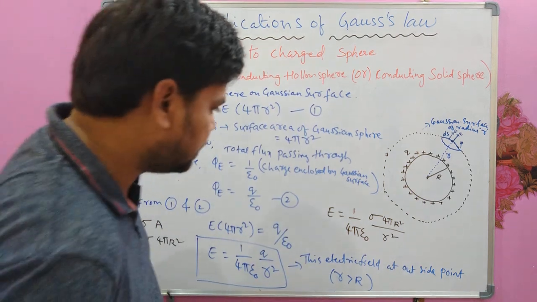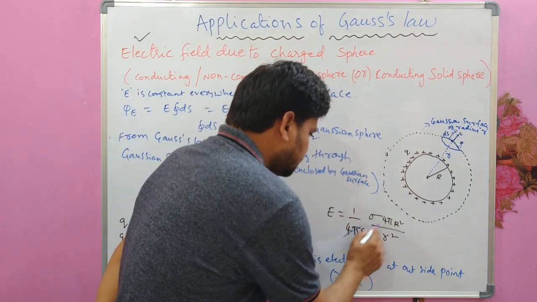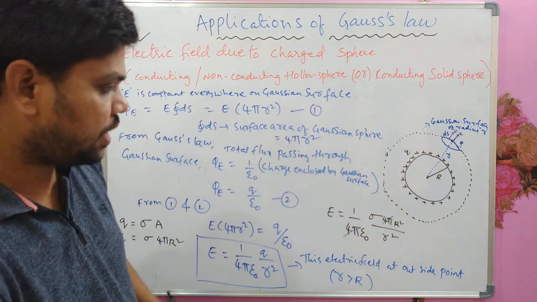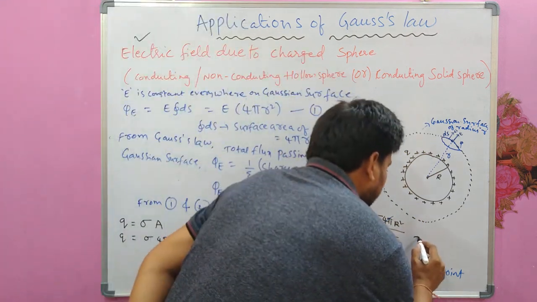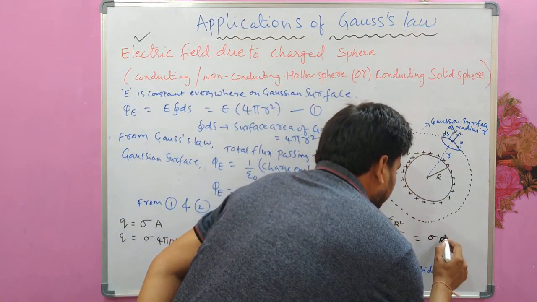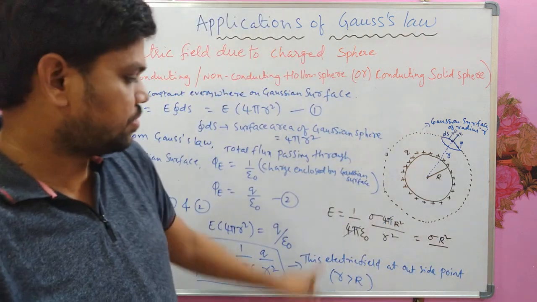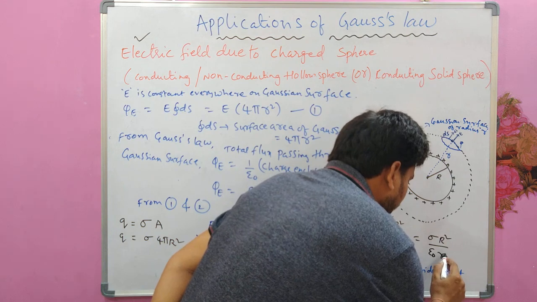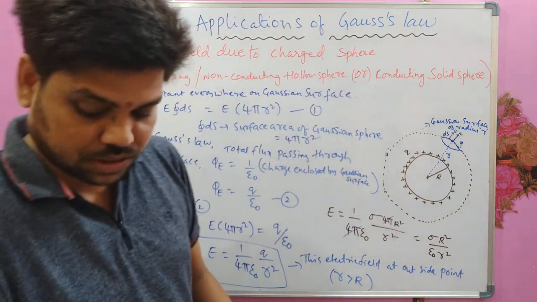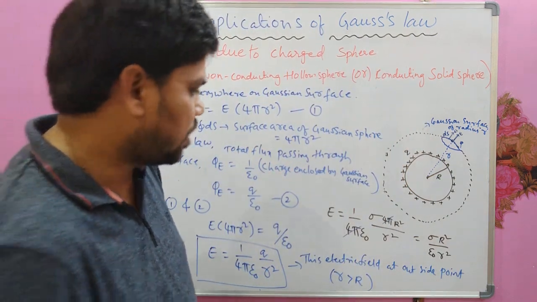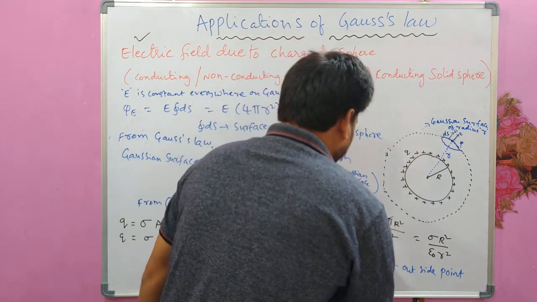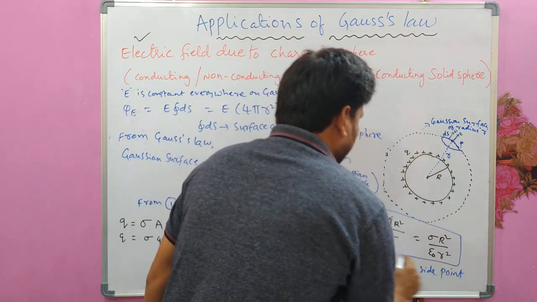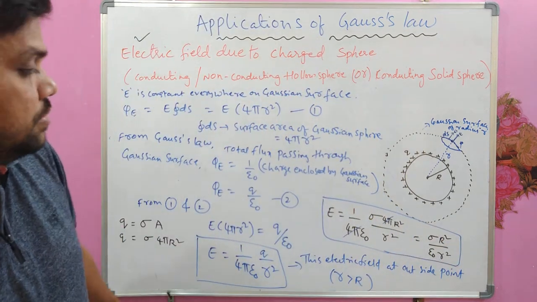The 4 pi cancels with this 4 pi, and we get sigma R square by epsilon naught r square. This is also a formula used sometimes in terms of surface charge density.